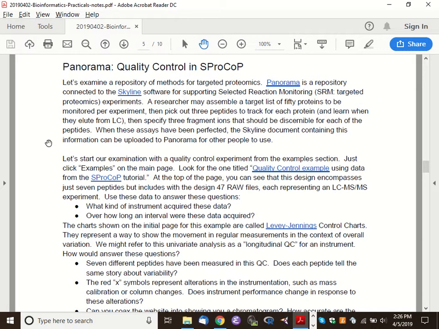That means that you can not only share exactly which transitions you looked for, including which peptides, which fragments you monitored for those peptides, but you can even incorporate within those files the chromatograms that were read out of your mass spec data. So you can share your experimental design very concretely, very exactly, and even the experimental results from it. So Panorama is quite good for that.